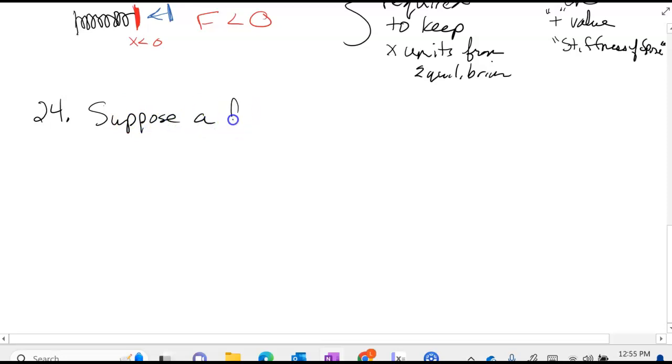A force. Do you all know the measurement for force? We are going to use newtons as our measurement for force. Suppose a force of 30 newtons. 15, sorry, I was reading the wrong problem.